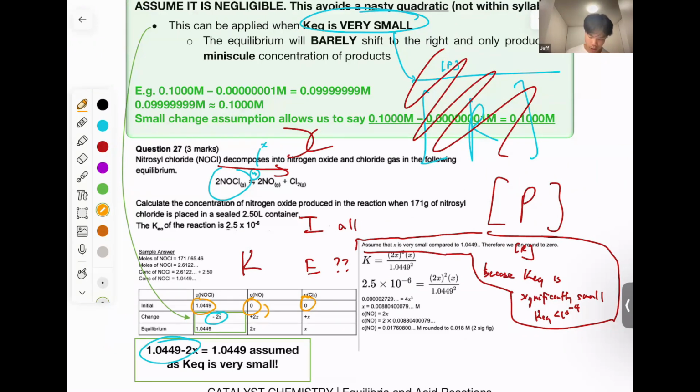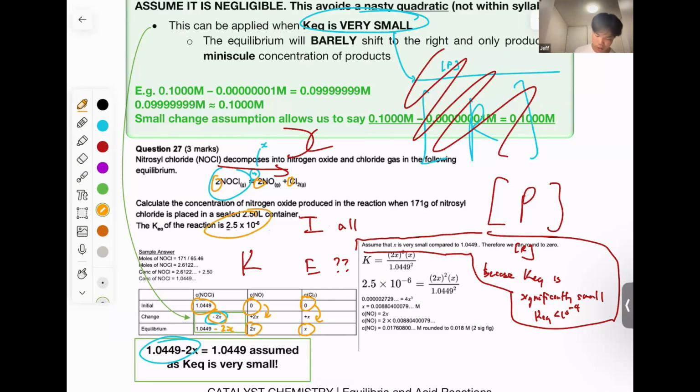So NO changes by 2x because it has a 2 in front of it. Cl2 changes by x because it only has a coefficient of 1. And so you make 2x NO and x Cl2, and the change in NOCl is minus 2x because of its coefficient of 2 as well. Meaning that the equilibrium is actually 1.0449 minus 2x.